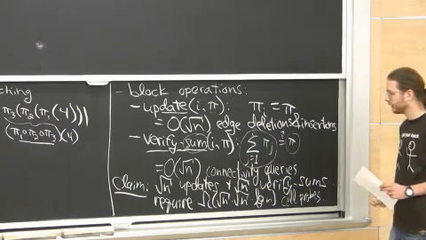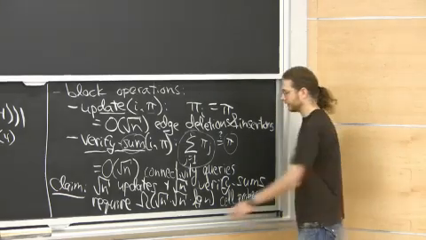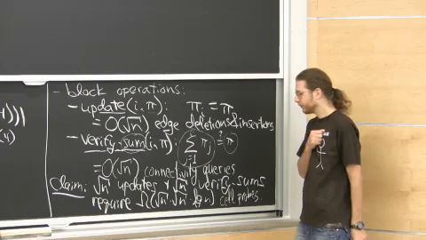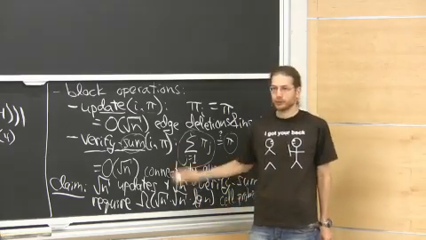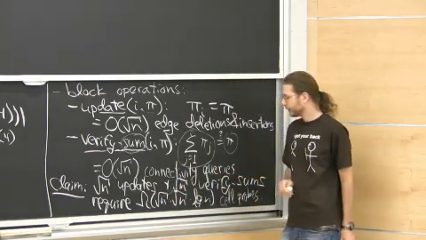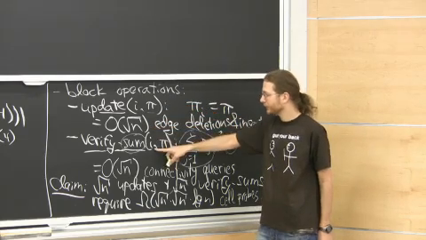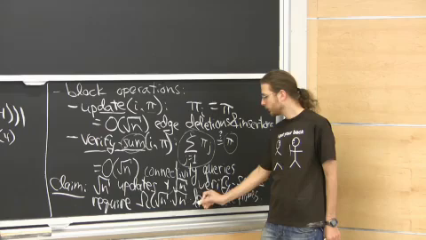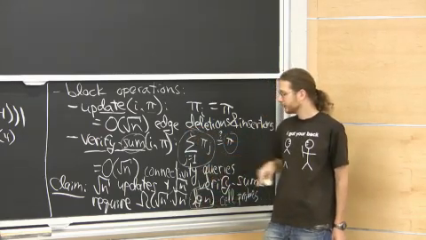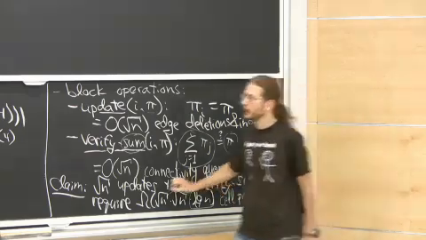I guess this is the amortized claim. So if I want to do root n updates and root n queries, and I take root n times log n, funny way of writing n log n cell probes, then if I divide through, I want the amortized lower bound. I lose one of these root n's because I'm doing different operations. I lose another root n because each of these updates corresponds to root n operations. Each of the verify sums corresponds to root n operations. So overall, per original operation of edge deletion, insertion, or connectivity query, I'm paying log n per operation. So if I can prove this claim, then I get this theorem.